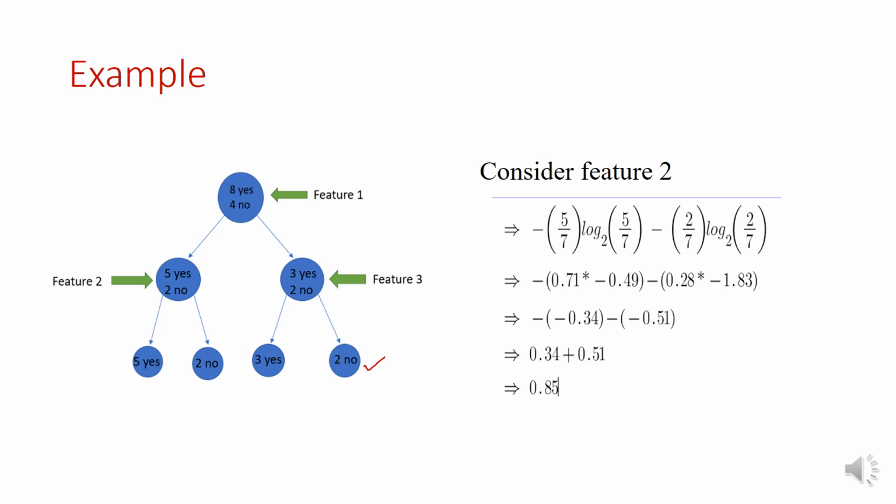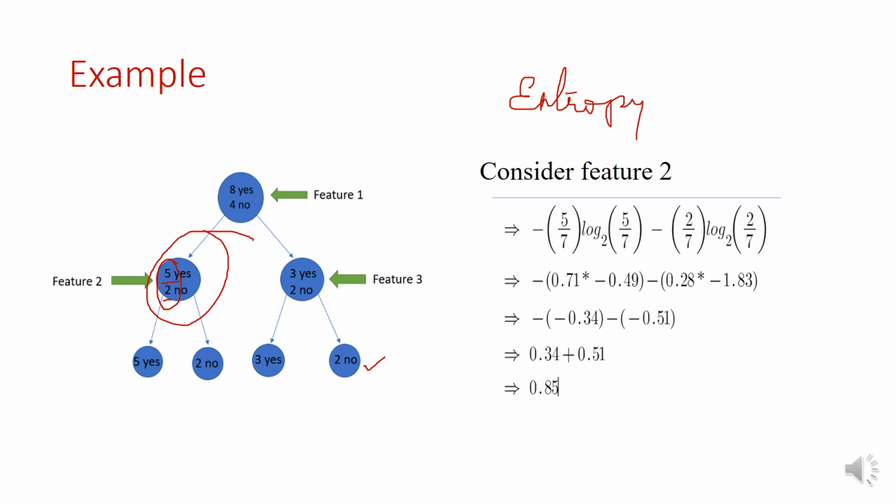Now consider feature 2. How many yes, positive instances do we have? 5. How many negative instances? 2. Totally how many instances? 7. Now how do we calculate the entropy of this feature 2?